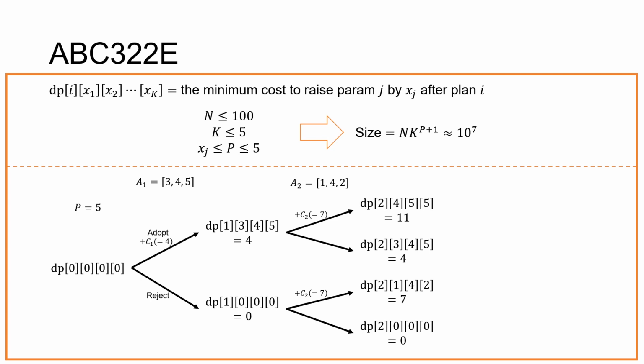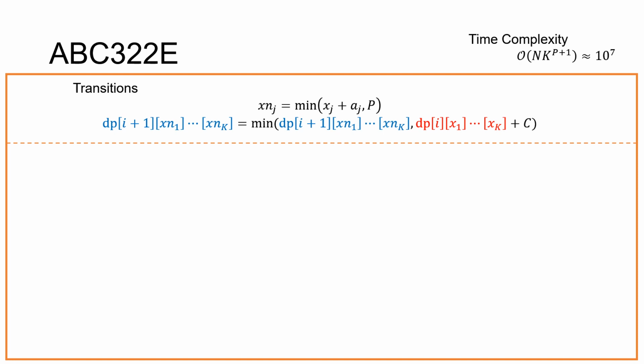Then we repeat the process and finally hope to reach DP of n, 5, 5, 5. This is the outline. In short, the transitions of the DP can be written in this way, but I will leave the details with you.